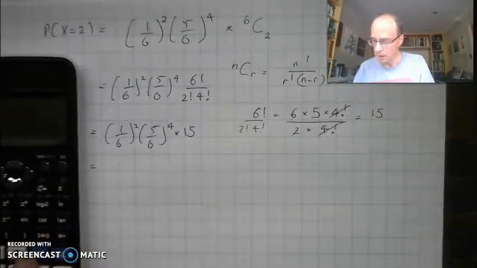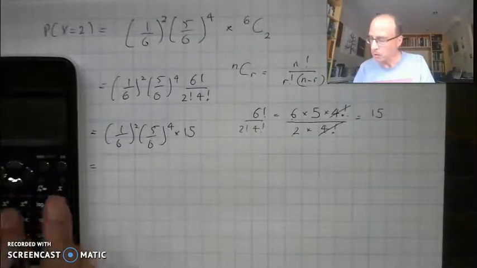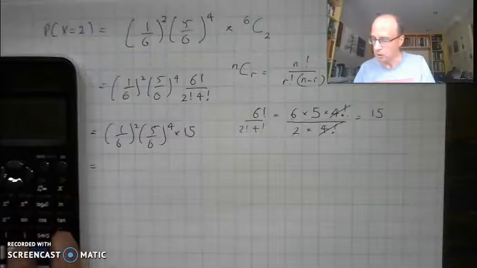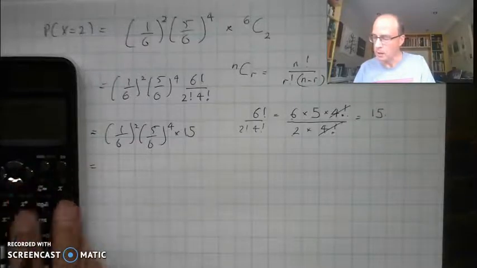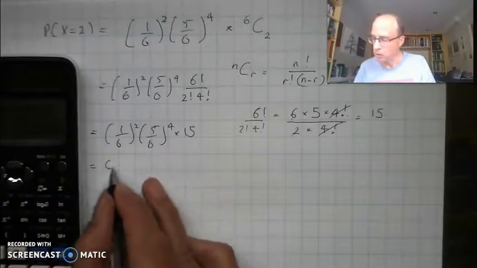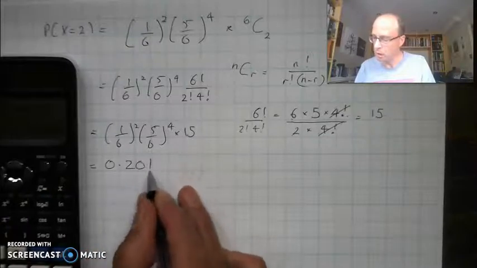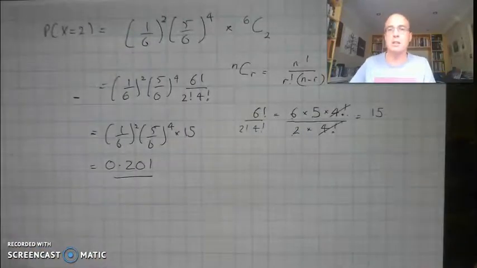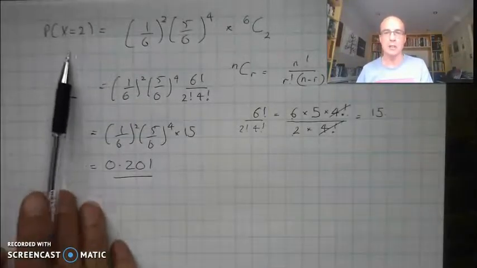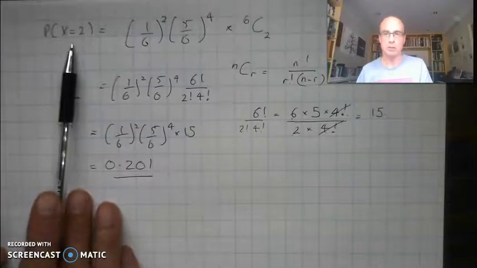That's going to give me 1 divided by 6 to the power of 2, multiplied by 5 divided by 6 to the power of 4, multiplied by 15, and I've got the value 0.201. So 20% of the time, if I rolled my 6 dice, I would expect to get exactly 2 6s.